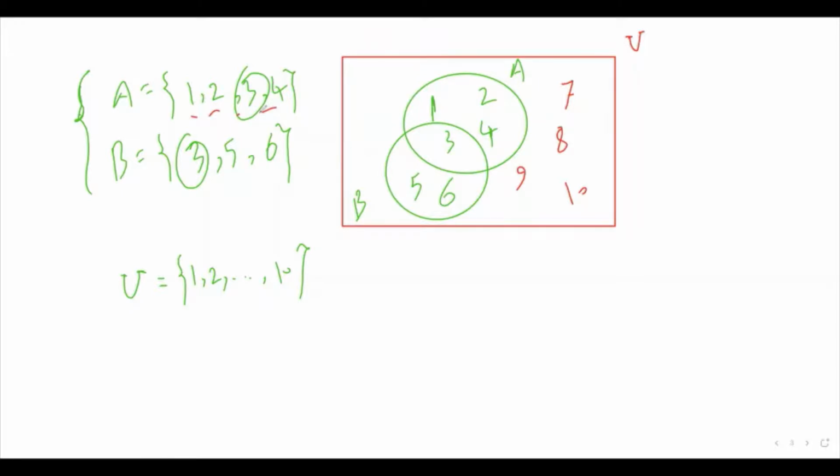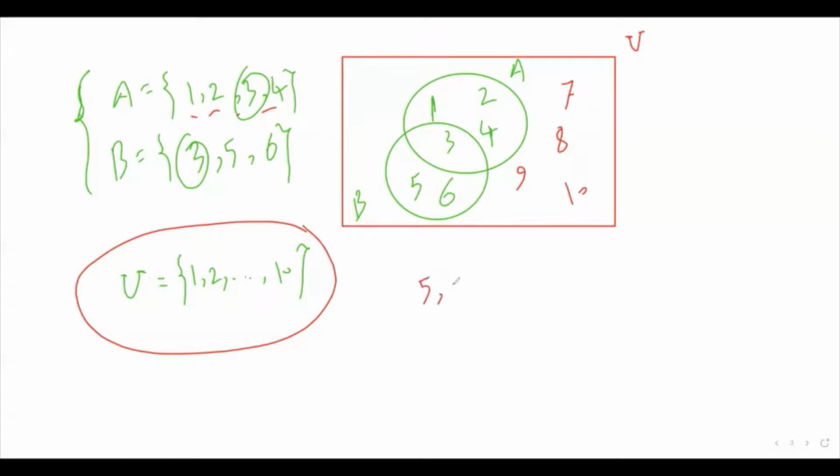The complement set for A is the set of elements which are in the universal set, but they are not in A. So what are those numbers that appear in the universal set, but you don't see them in A?